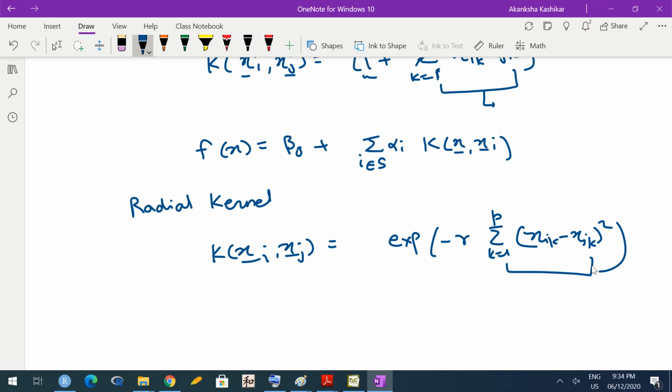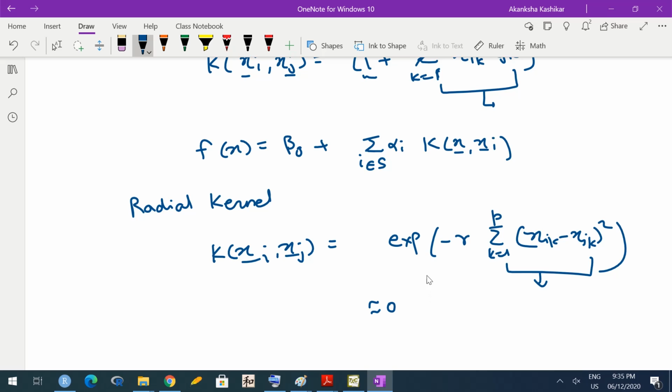Does this term look familiar? This is basically the square of the Euclidean distance between the ith and jth observations. And I am having e raised to minus gamma times that distance. So if this distance is high, then I have e raised to minus a very large number, so basically this becomes almost 0. If this distance is low, then this quantity becomes high.